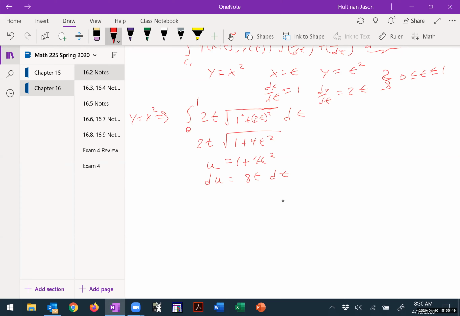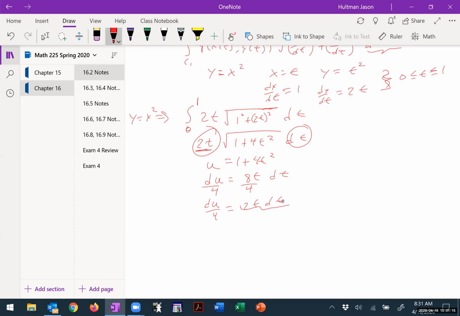Well, I don't want an 8t dt. I want a 2t dt. So I can divide by 4, and I get du over 4 is equal to 2t dt. Well, there's my integration factor.